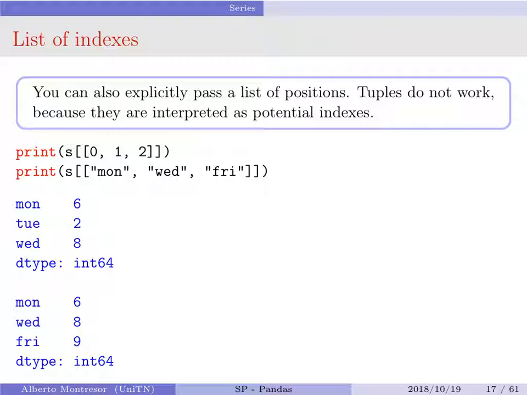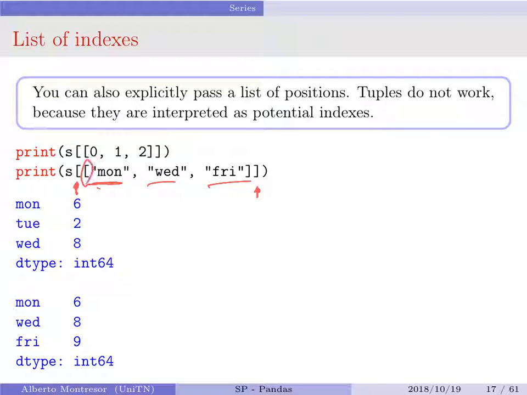Okay, you can also, and this is something that you cannot do with lists and dictionaries, specify a given set of indexes and labels. So, for example, here I'm interested in Monday, Wednesday, and Friday, and I can specify that. But note that we are using the square brackets twice. The external one is because we want to say that we are taking something from S, which is the series.